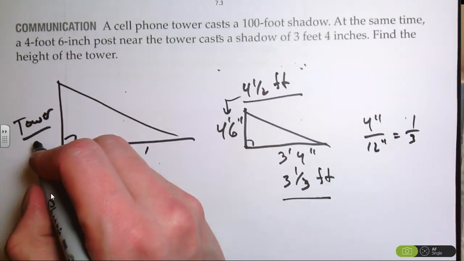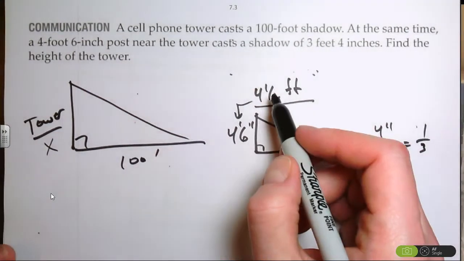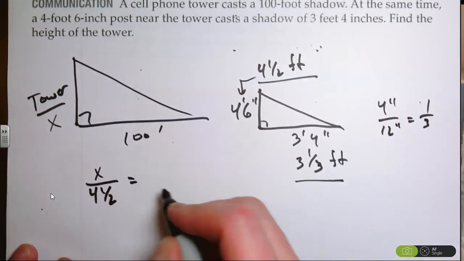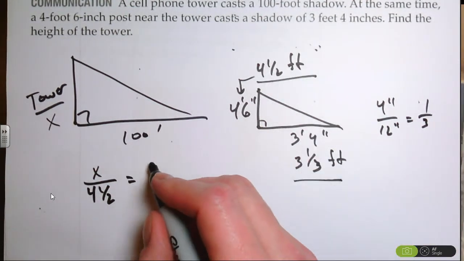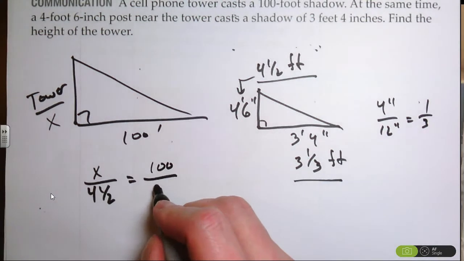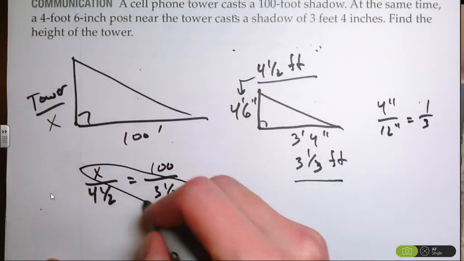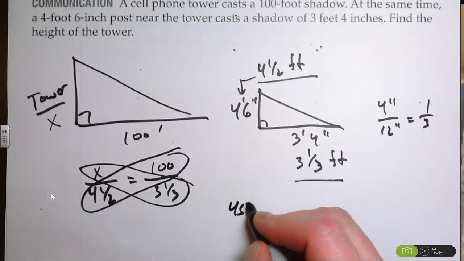So tower, we'll call it X. We're looking for a height. So X to 4.5 equals shadow to shadow, so 100 to 3 1/3. Cross multiply. 4.5 times 100 is 450.